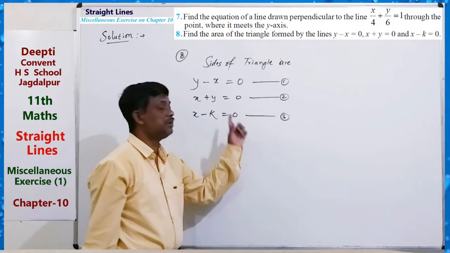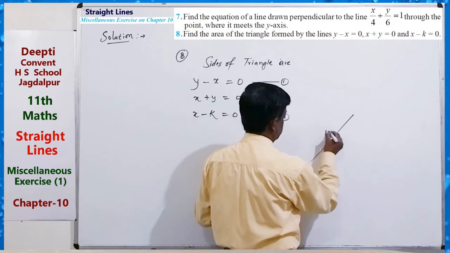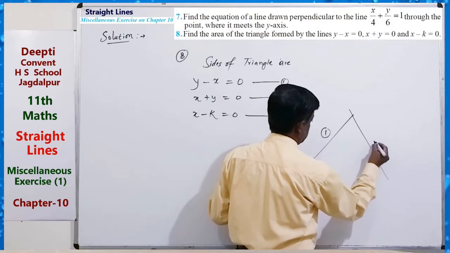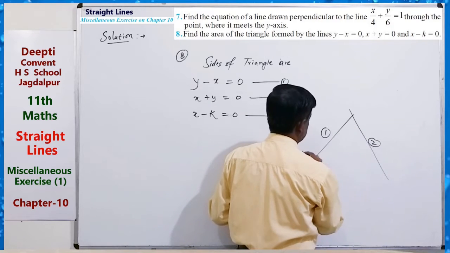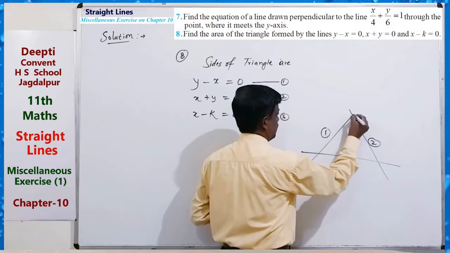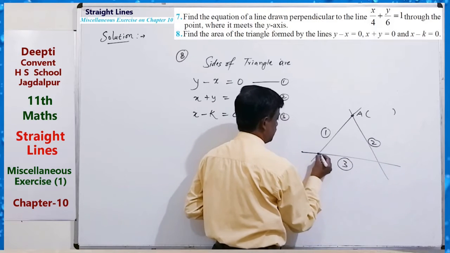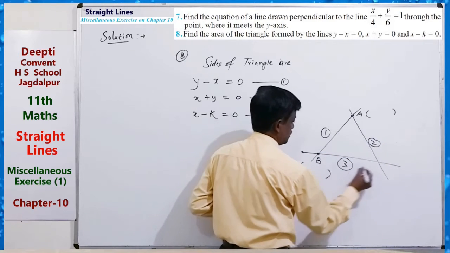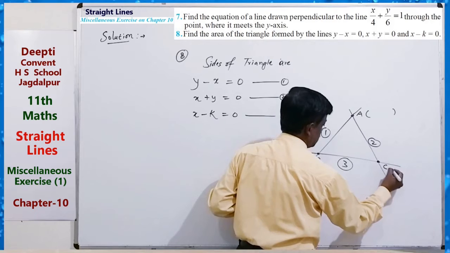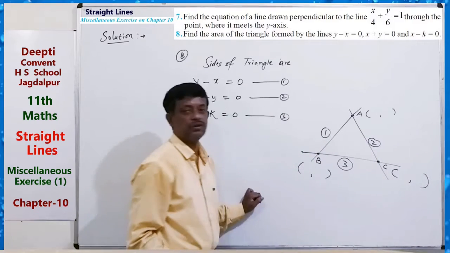Now by solving these, this is side 1, this is side 2, this is side 3. So this is point A, this is point B, this is point C. They can be found by solving 1 and 2.